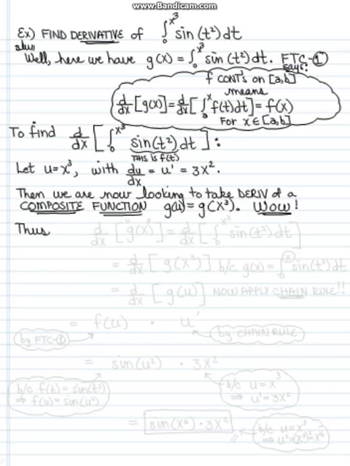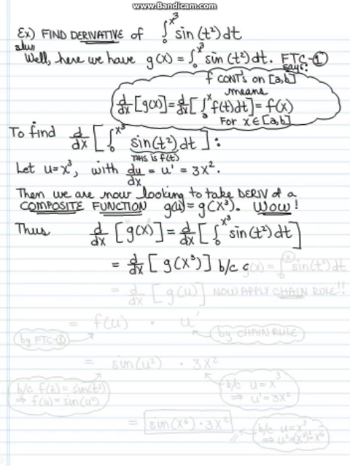So what I was previously calling the derivative with respect to x of g of x, well, in the fundamental theorem, it calls it g of x. But here we don't have the integral from 0 to x. We have the integral from 0 to x cubed. So this is actually a derivative with respect to x of g of x cubed, because g of x would only equal the integral from 0 to x.